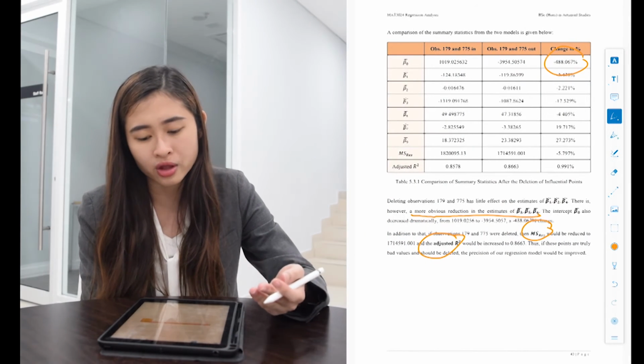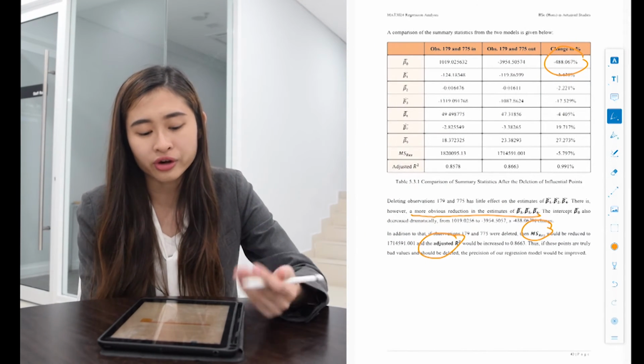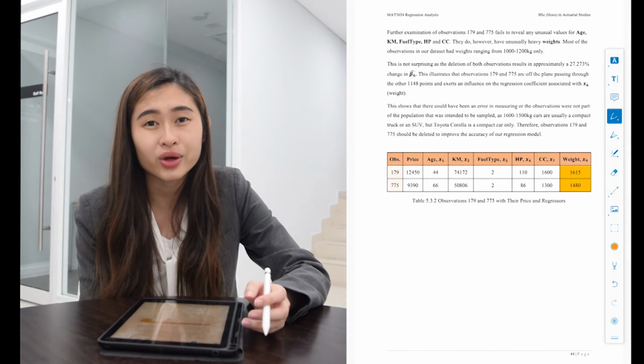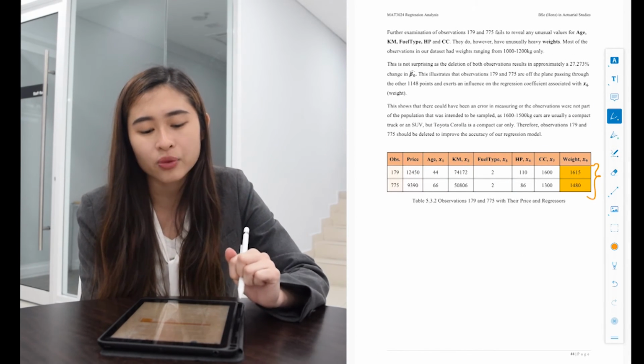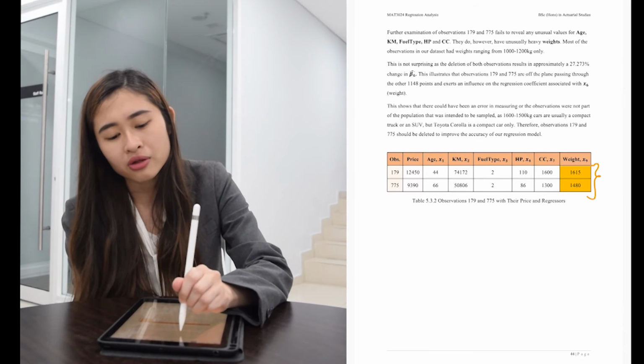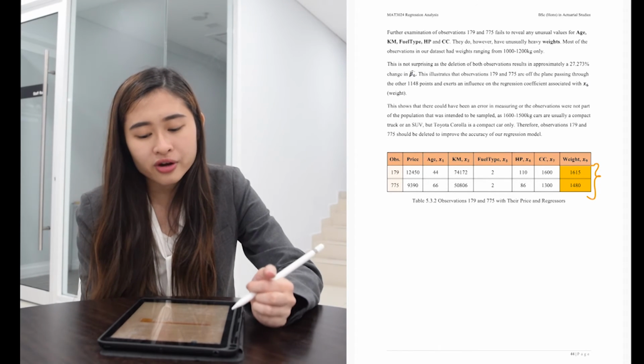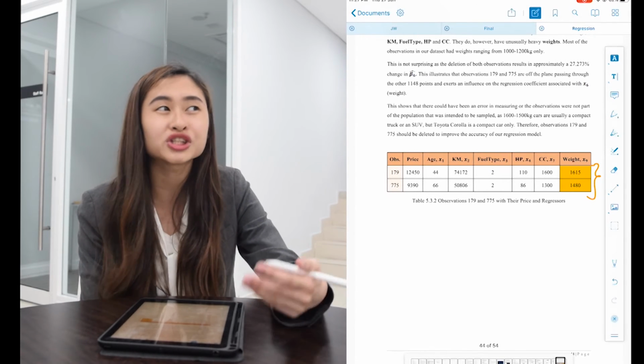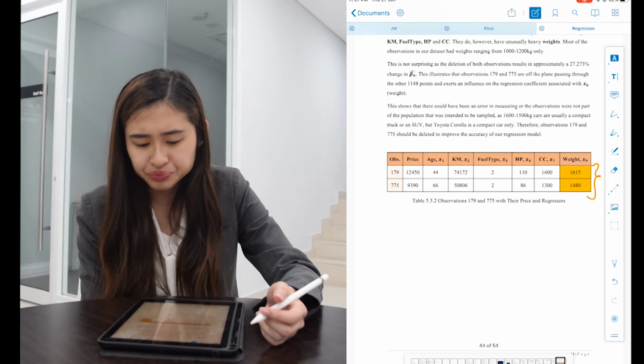So we went and looked at the values of the regressors of these 2 points and found out that both of them have extremely high weights. Most of our observations had weights ranging from 1000 to 1200 only. However, these 2 had weights ranging from 1600 to 1480, which is nearly 1500.